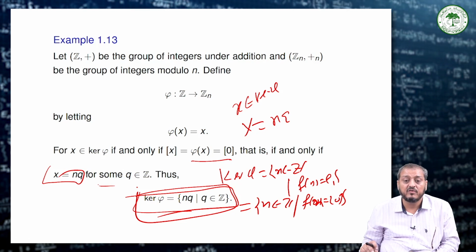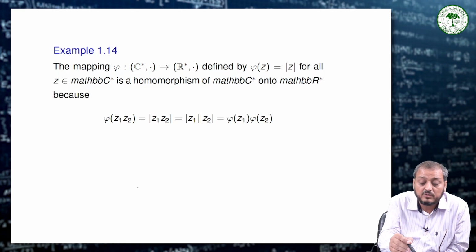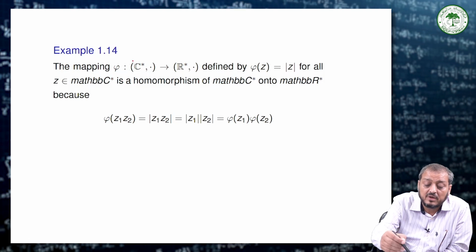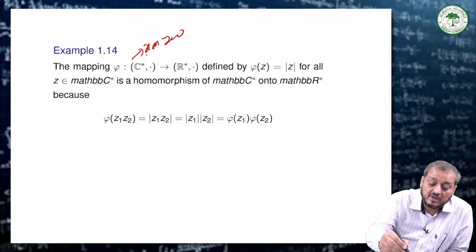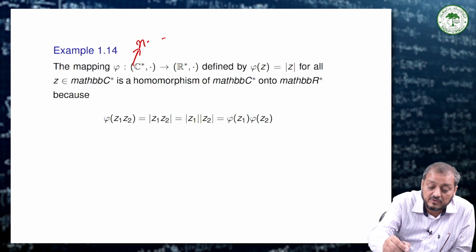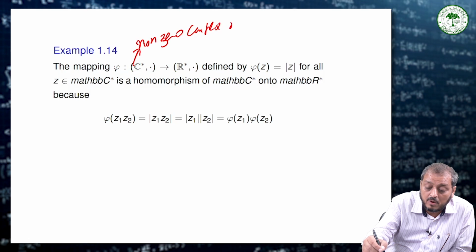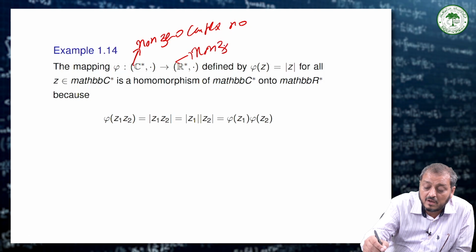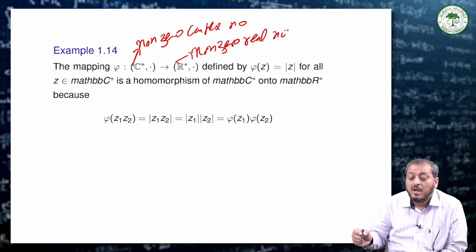Okay, now we have one more interesting example. Let phi be a map from C star to R star. C star is the set of non-zero complex numbers, and R star is the set of non-zero real numbers.